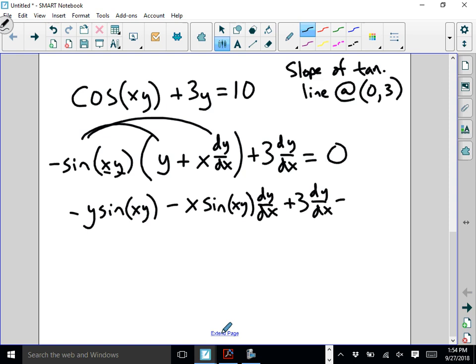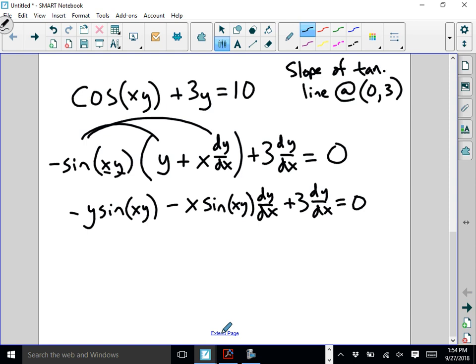Right there I see negative y sine of xy minus x sine of xy dy/dx plus 3 dy/dx equals 0. You got to be really careful here. It's really easy to make a mistake in this particular unit. But if we're careful and we just are really conscientious while we're doing this, we can make sure we get it right. Okay, now I've got dy/dx's in the second and third terms there.